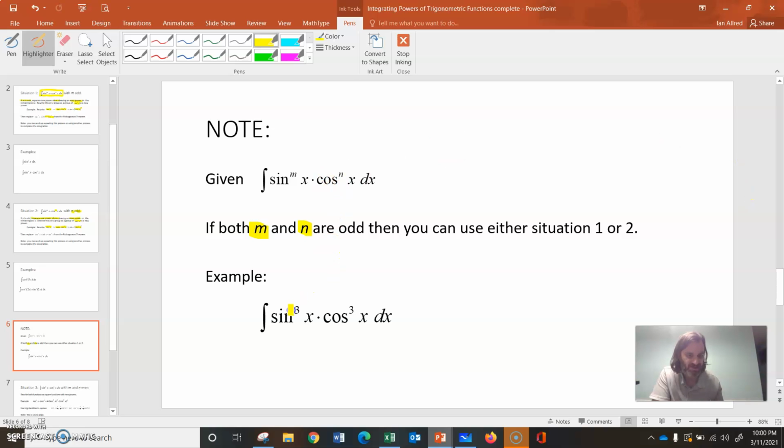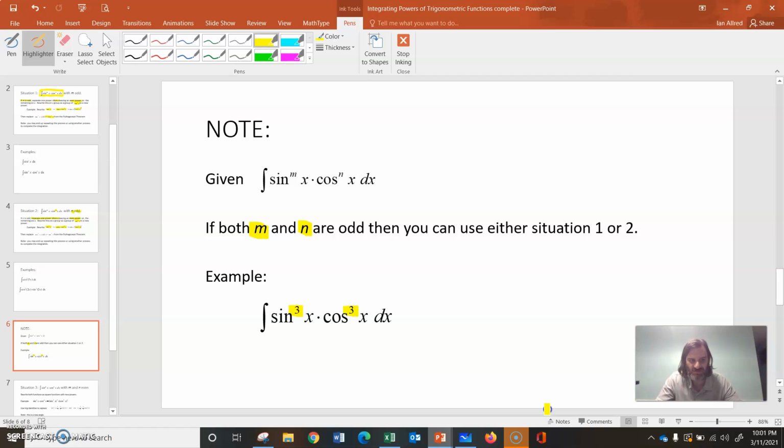So for example, if you had sine cubed times cosine cubed, you could either separate the sine or you could separate the cosine. You wouldn't want to do both. But you could use either situation 2 or situation 1. Set them backwards, but 1 or 2.